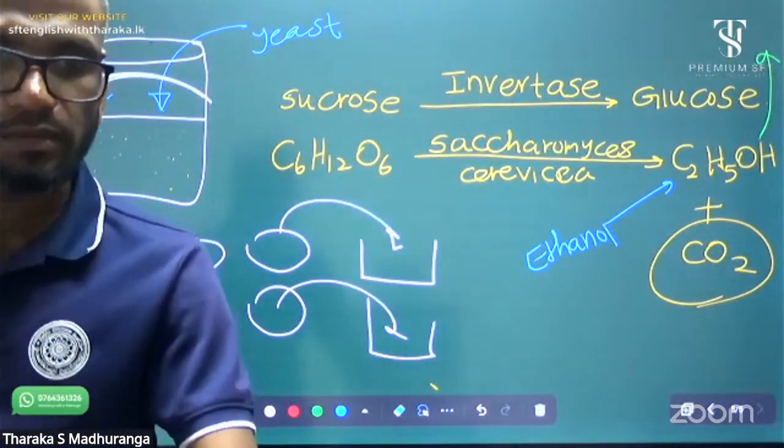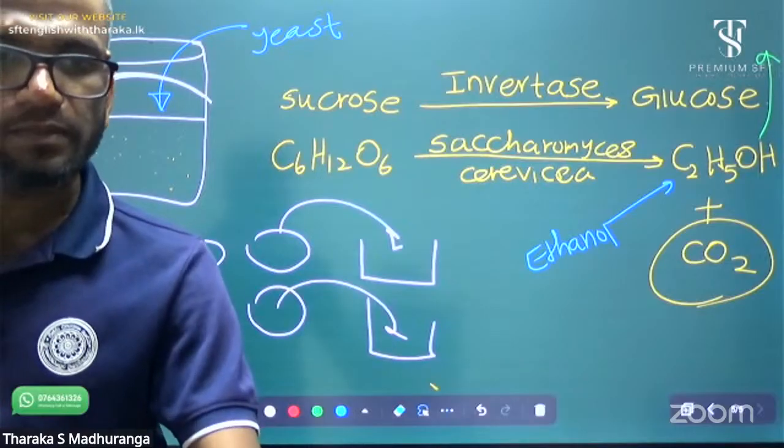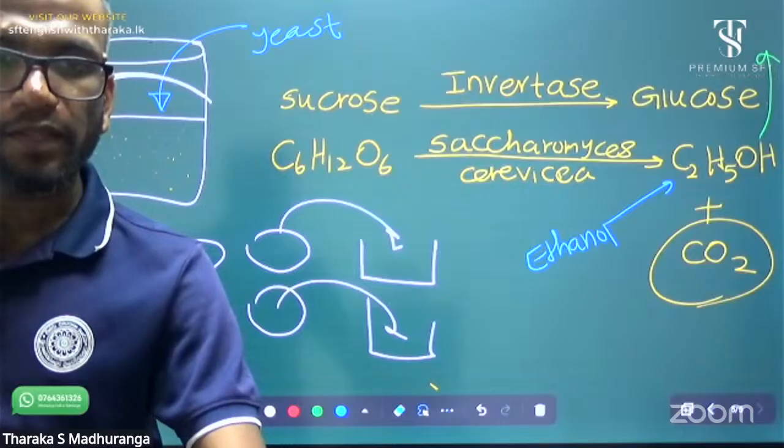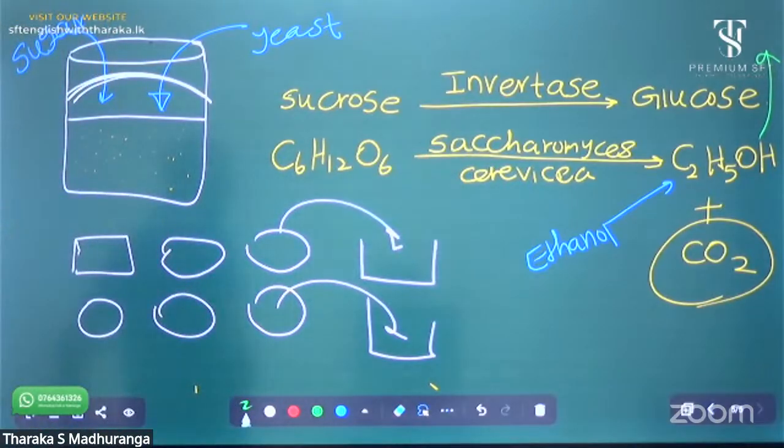Okay, Tanya, clear? Tanya? Okay, that's the microbial usage. Microbial usage. Please, if you want, note down a short note. Take a short note.